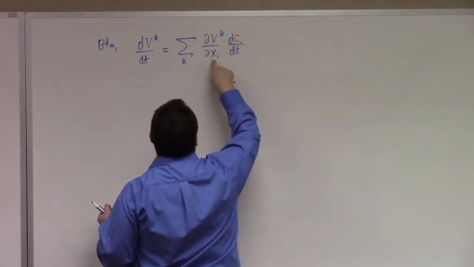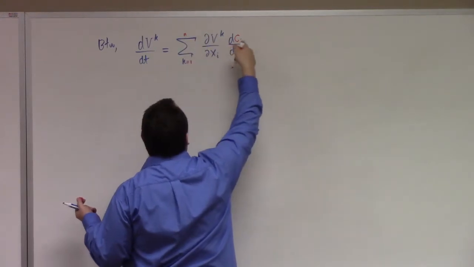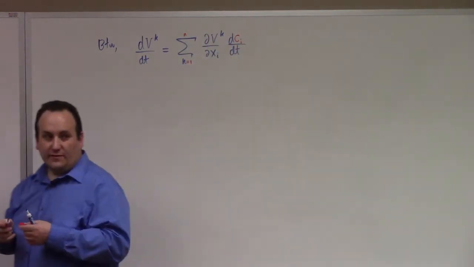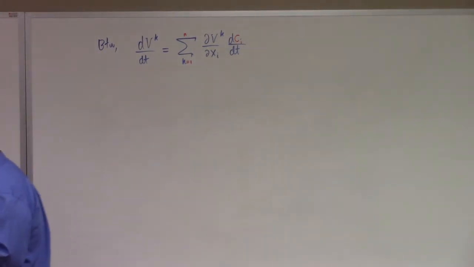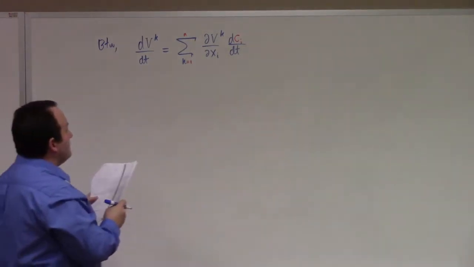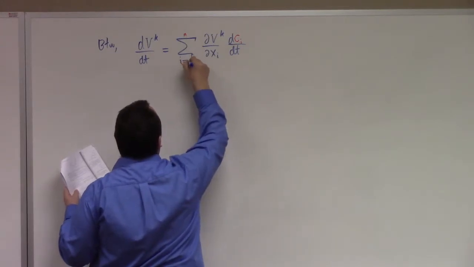It's a function of x^1 through x^n, and those functions are equal to the ith component of the curve. So anyway, I'm just using the chain rule. Yeah, definitely the sum over i. Thank you. Very good.